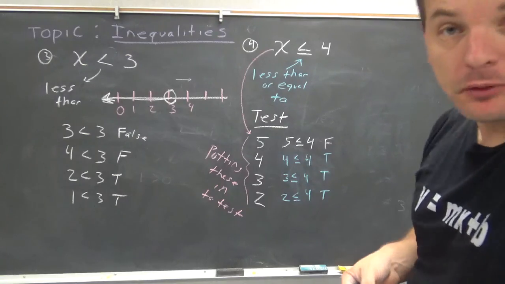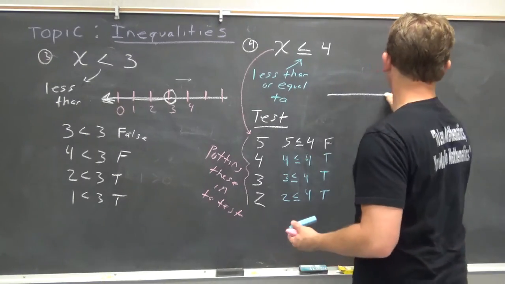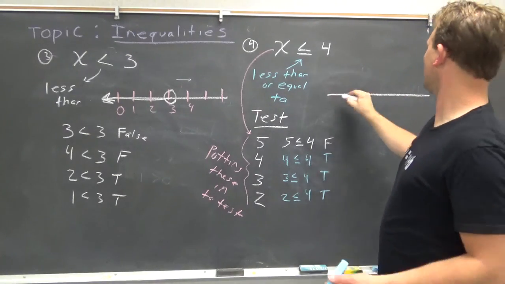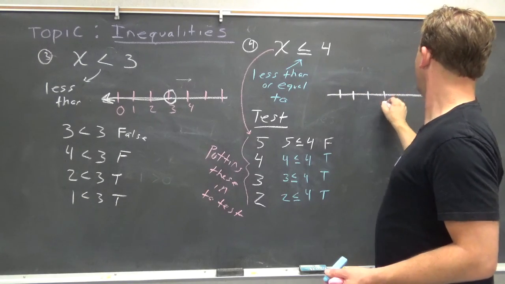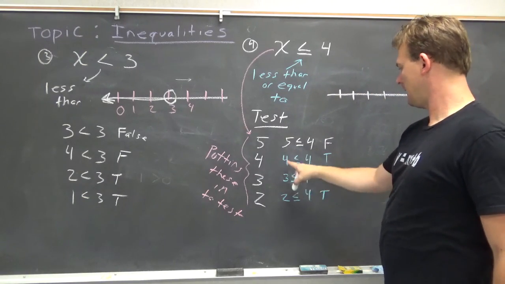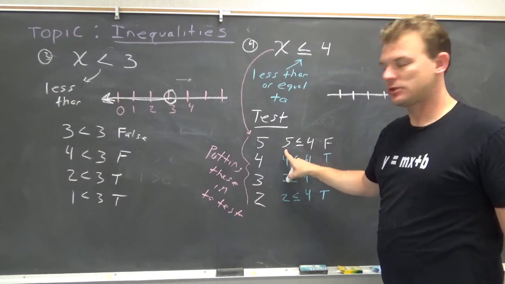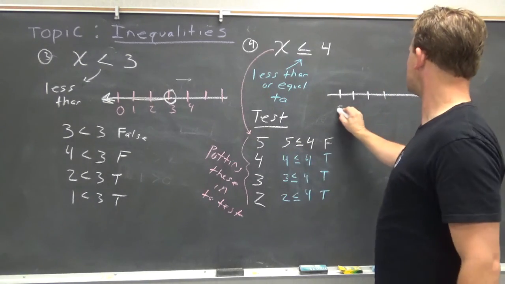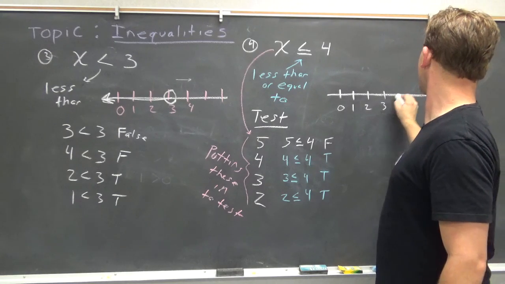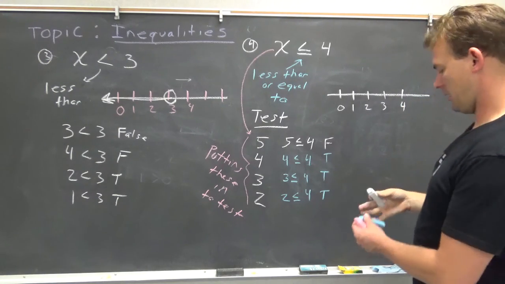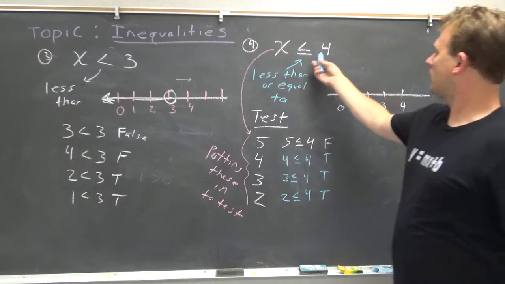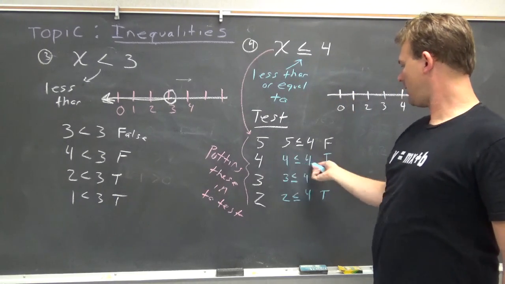So on your number line, you're going to go up to 4, and you're going to see that it decreases when it goes to 4. So you can go 0, 1, 2, 3, 4. But you're going to say at 4, it can work.